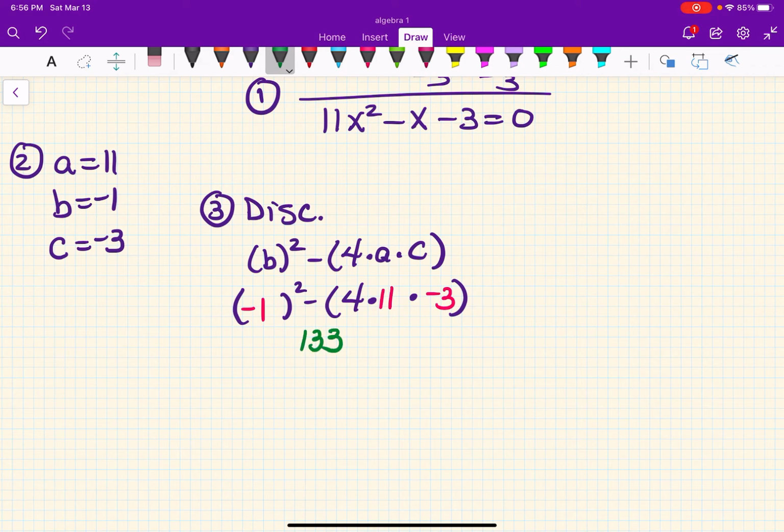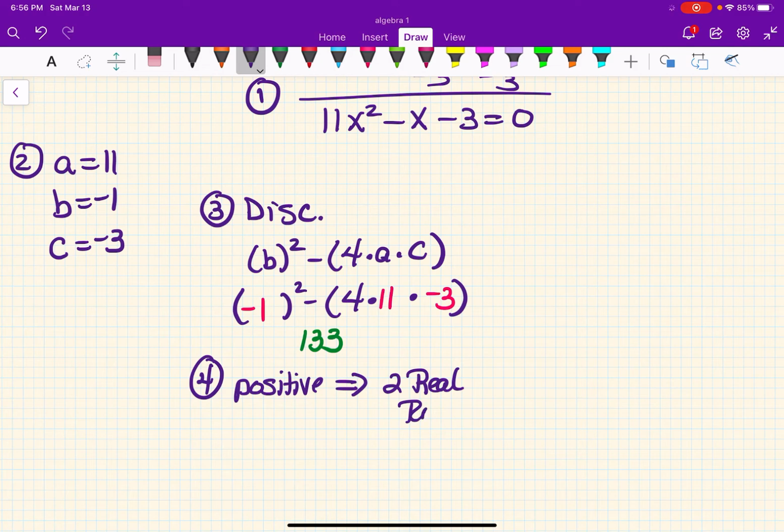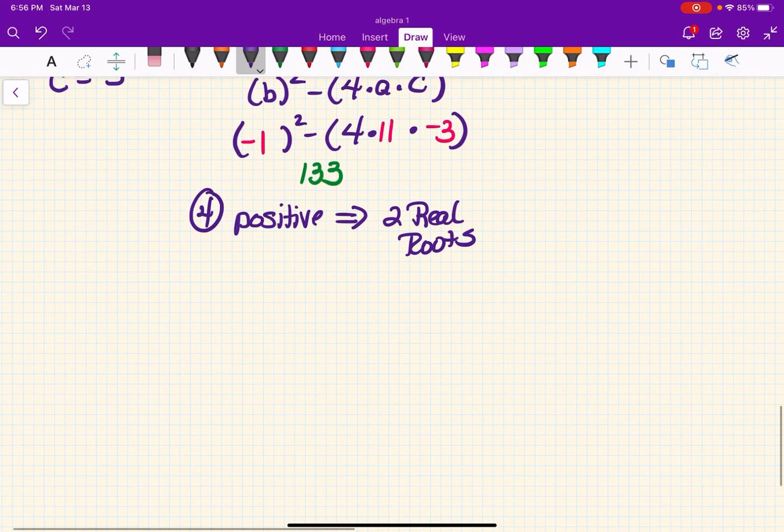What does that mean? Well, it's positive. So since it's positive, we're going to have 2 real roots. Okay? Now I'm going to do step 5, which is start your quadratic formula. Let's write our quadratic formula down.